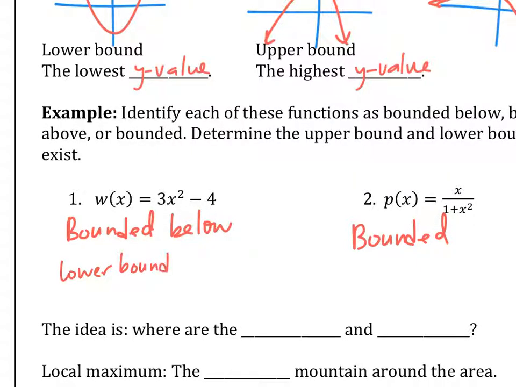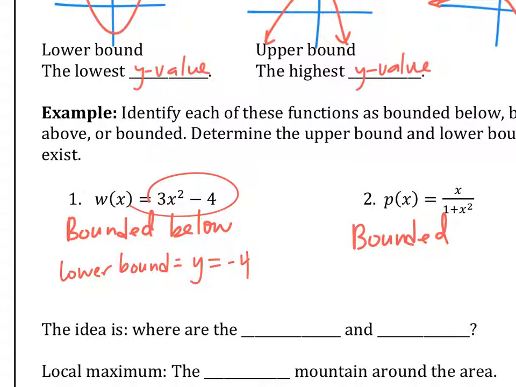The question is, what is that lowest number? And when we say lowest number, we mean lowest y value. What is that lowest y value? Yes, -4. And you can see from this equation, that's just an x squared graph that's stretched by 3 and down 4.